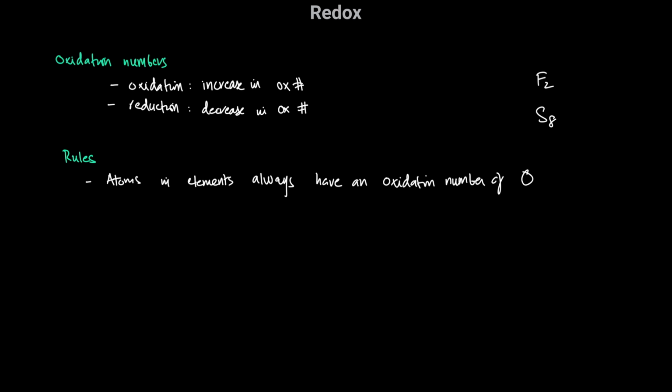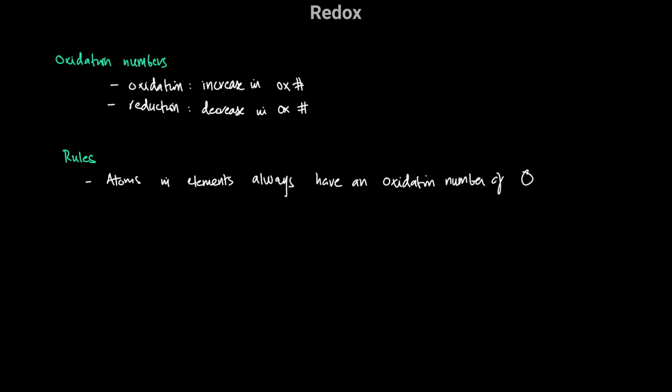So for any elemental substance in standard state, the oxidation number will always be 0. Whenever we're talking about non-zero oxidation numbers, we're only going to be looking at ions and compounds. In elements it'll always be 0.